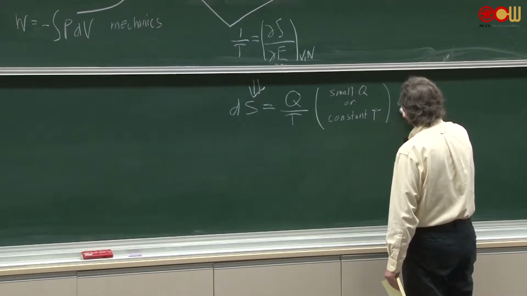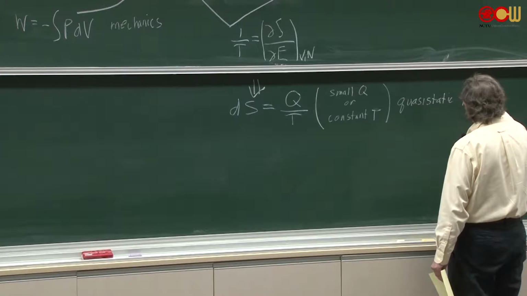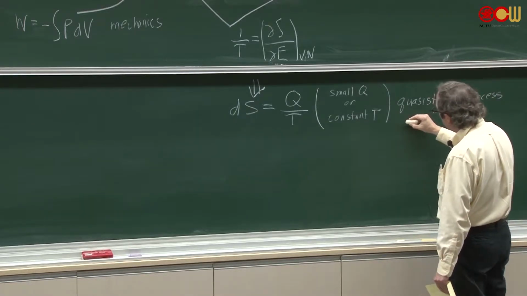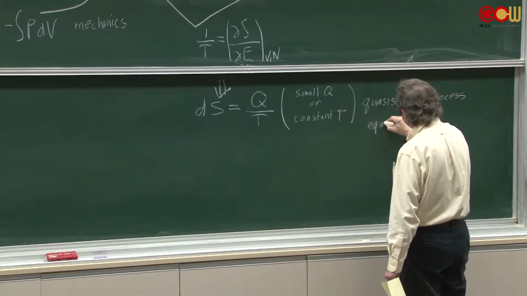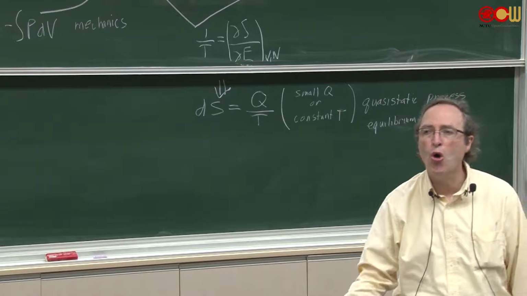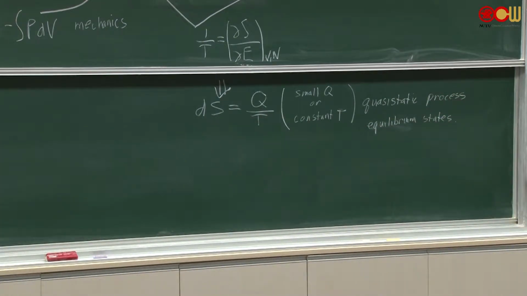And obviously a quasi-static process. Quasi-static means you go through equilibrium states. Usually that means you do the process slowly. All right? But you're going from one equilibrium state to another.